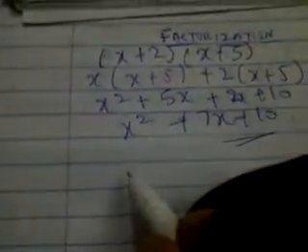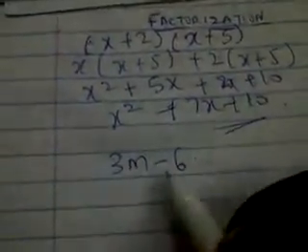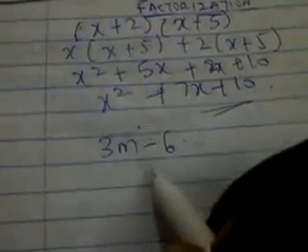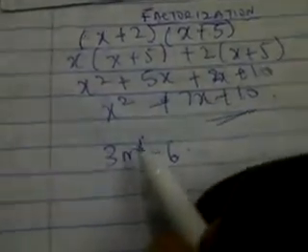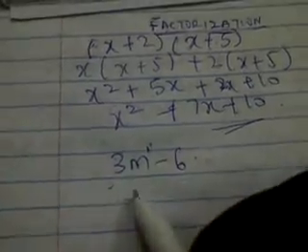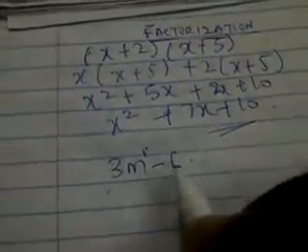Example of a linear factorization is this one that we're asked to factorize: 3m minus 6. Now in linear factorization, the highest degree is 1. As you can see, the highest degree of m here is 1, because m raised to power 1 is m. Anything raised to power 1 is equal to that particular figure. Now 3m minus 6.